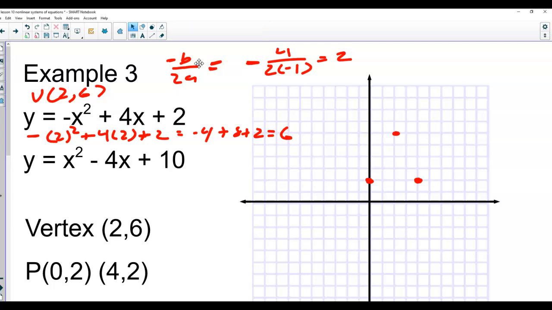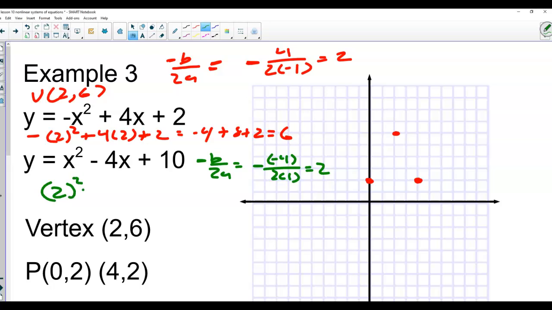Now the bottom one, I'm going to do my negative b over 2a again. Negative 4 over 2 times 1. That's a positive 2. 2 squared minus 4 times 2 plus 10. We have 4 minus 8 plus 10, and that equals 6.